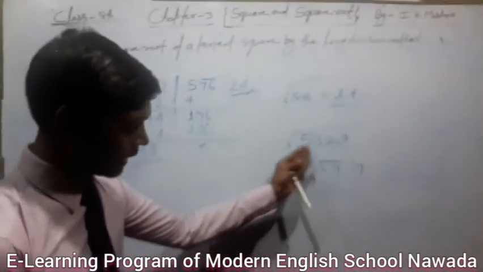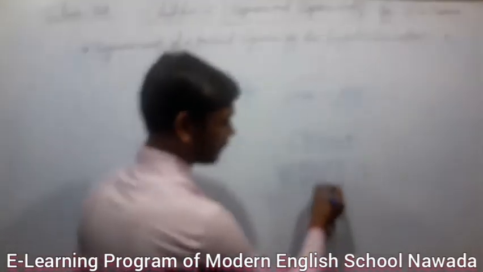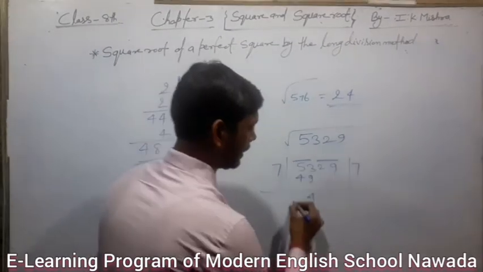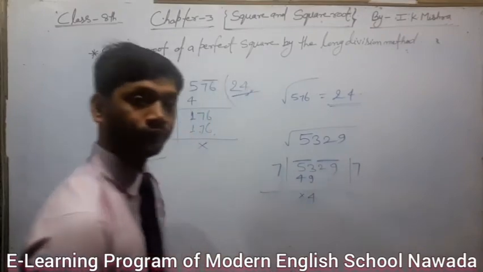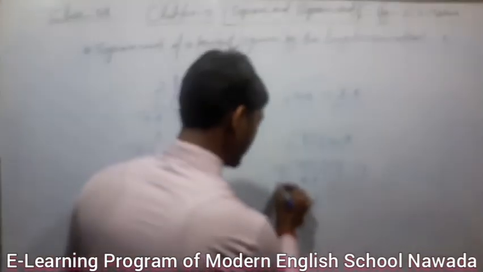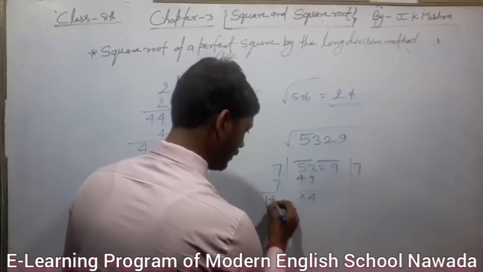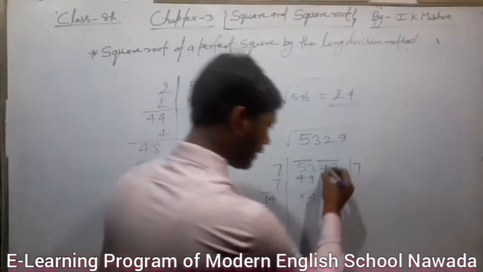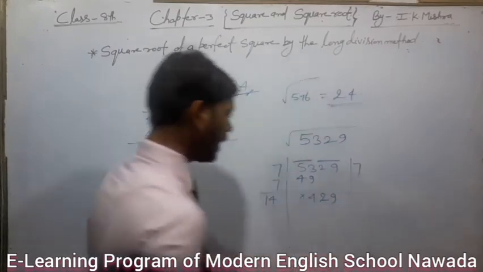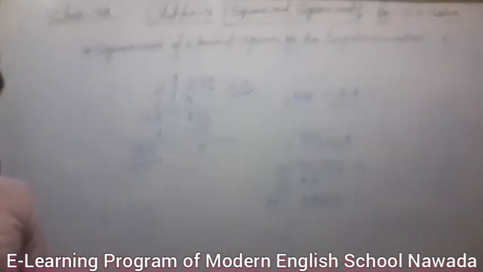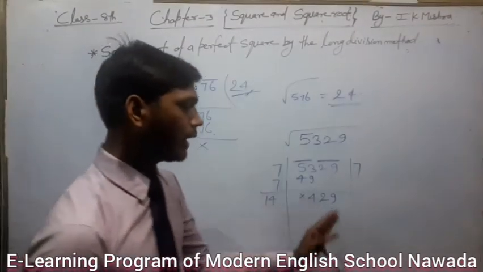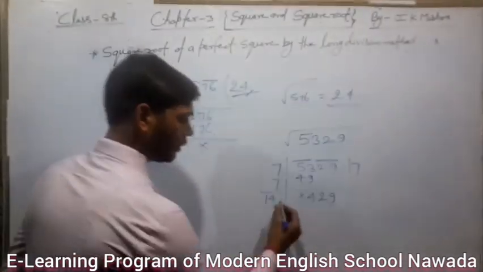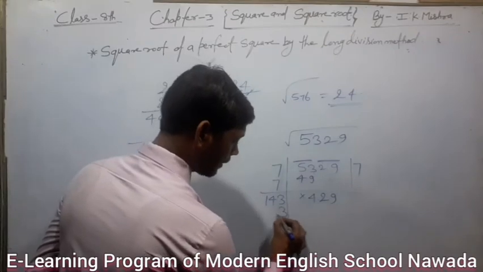After that, subtract, the number is 4. Here 4 and here cross. When 7 is added here, 14, draw this line and think. I write 29 and think by which number it is multiplied to get 49. Here write 3 and 3.